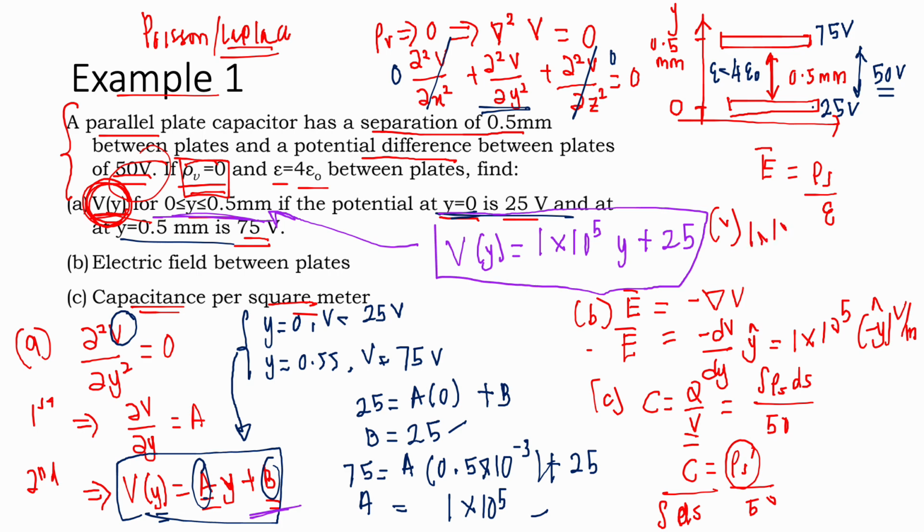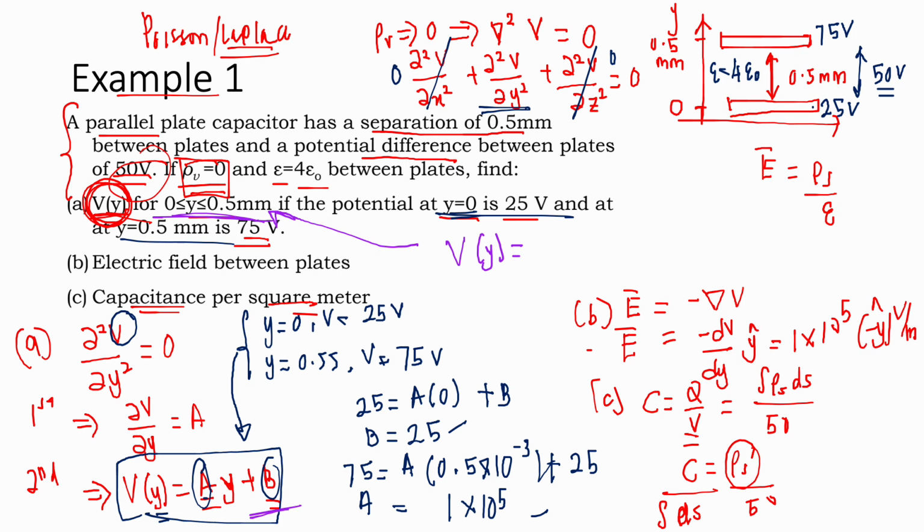I don't have space to write, so allow me to erase some of the writing here. Okay, so the E that we have calculated in question number B is 1 times 10 to the power of -5 in the negative y direction, right? So it equals rho s over epsilon naught.